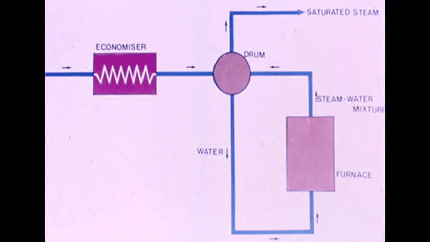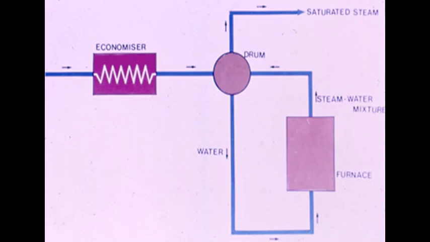After that, this water goes to a storage drum where water is stored up to a certain level. In this vessel, both water and steam are present. As both are present in dual phase, this is in saturated condition at the particular pressure.